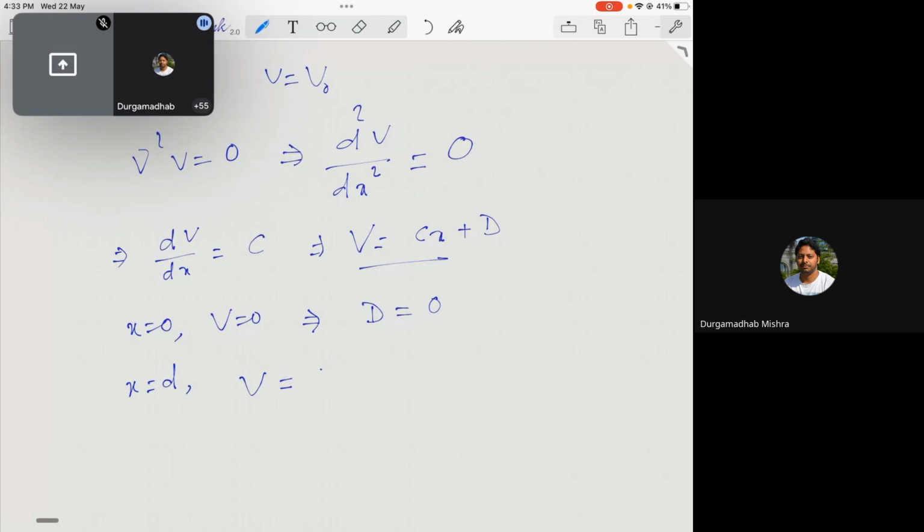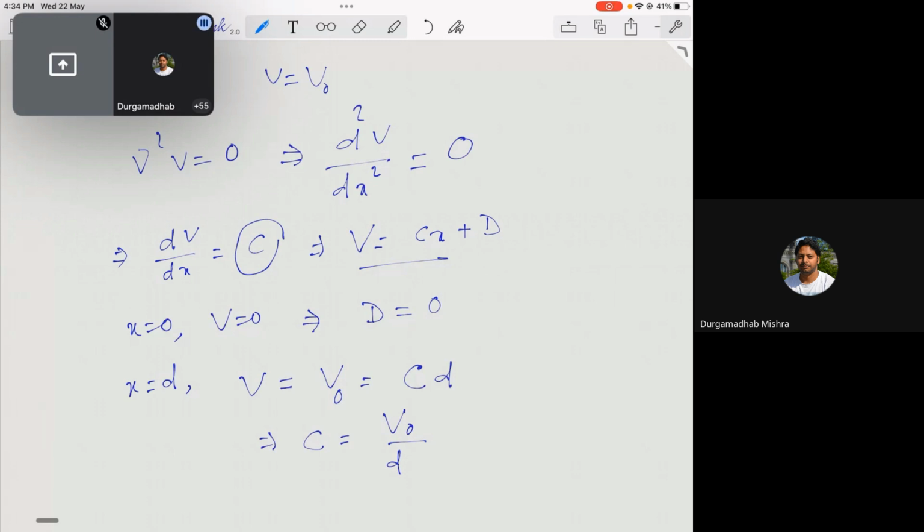So V naught is equal to C into d. That means my C, and here the C is not the capacitance we are talking about, it is just this constant term that we want to find out, is V0 by d.